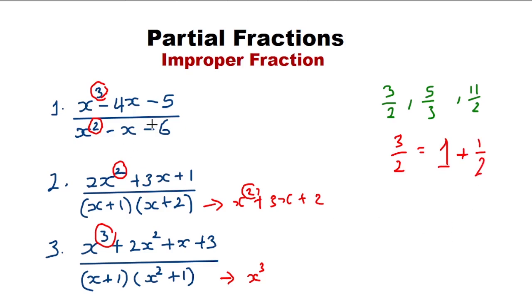So the same thing we do here. We express these fractions into 2 parts. One that may be a quotient, and then the other part will be a proper fraction, as we're going to see. Then we can go on after finding these 2 parts.